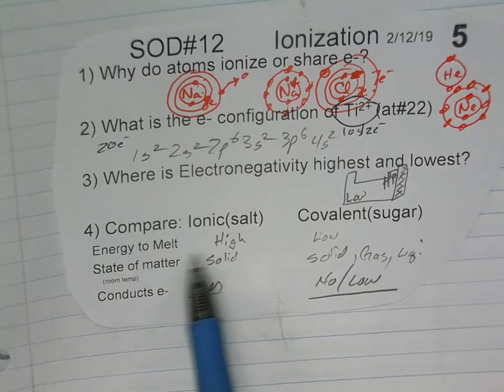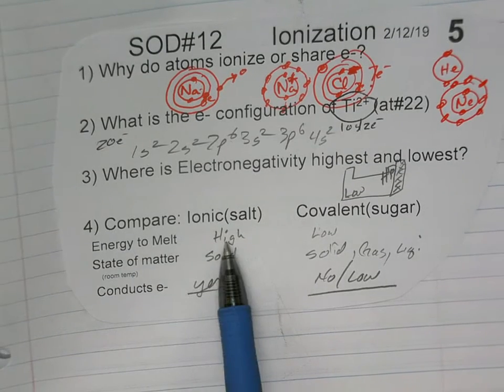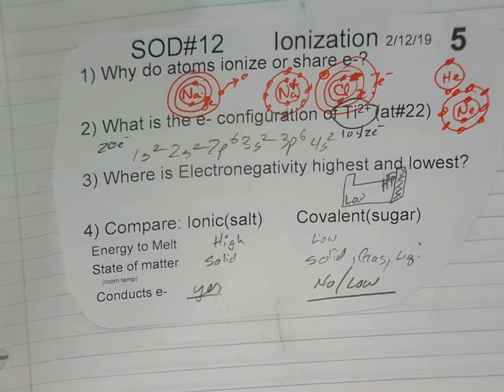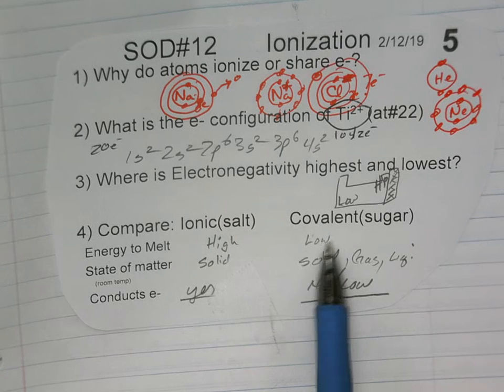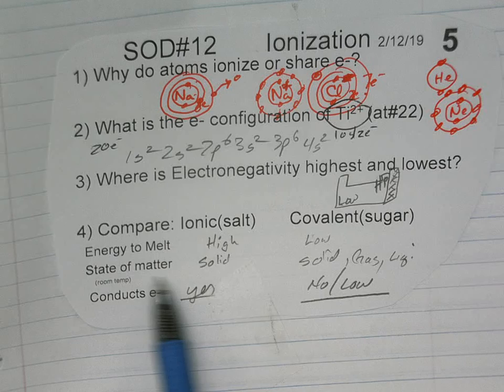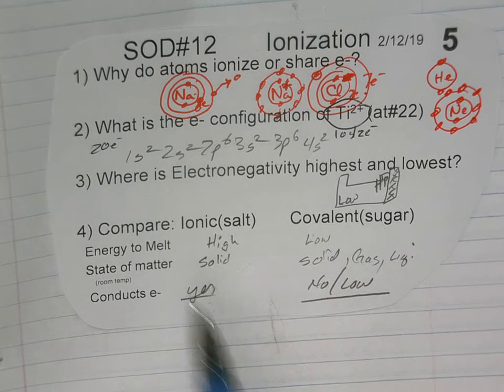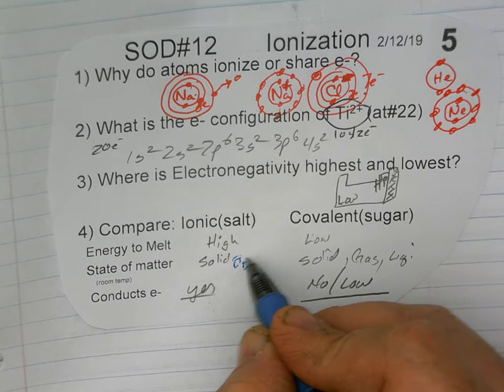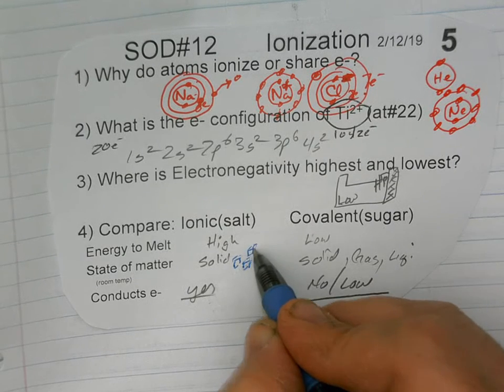Ionic compounds have a very high amount of energy, a lot of heat energy needed to melt them. Covalent compounds like sugar, when we did the lab, they melted almost right away and burned quickly. Ionic compounds tend to be crystal solids at room temperature. So we just think of salt as just one of the greatest examples of an ionic compound.